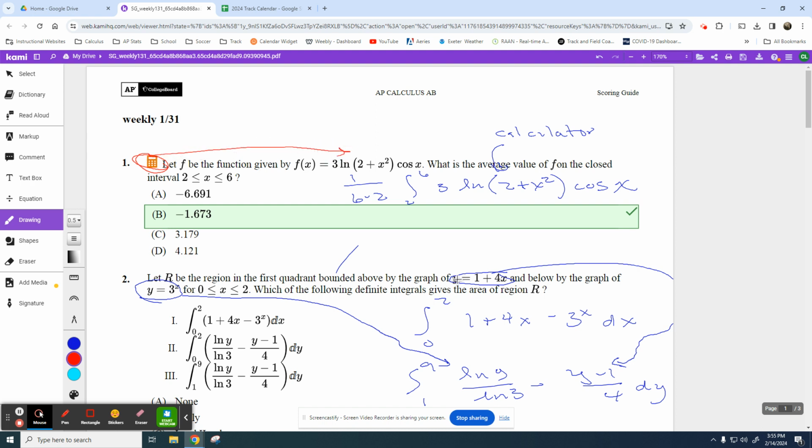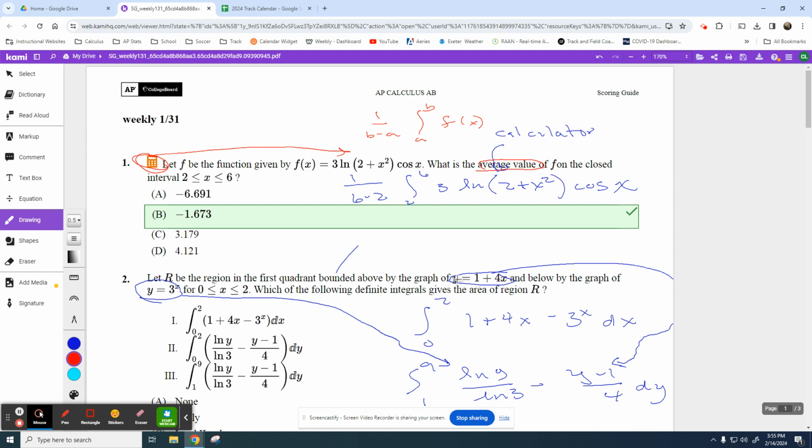Especially since this thing is a little ugly, remember the average value. It's one of the formulas you need to know, and it's going to be 1 over b minus a, the integral of f of x for the same interval from a to b.